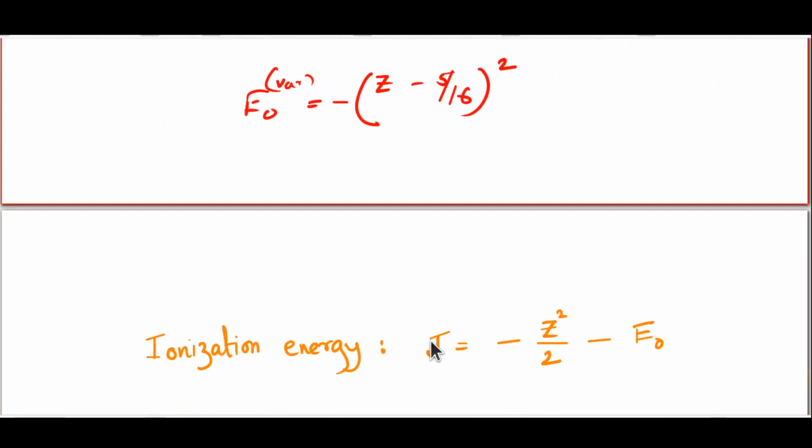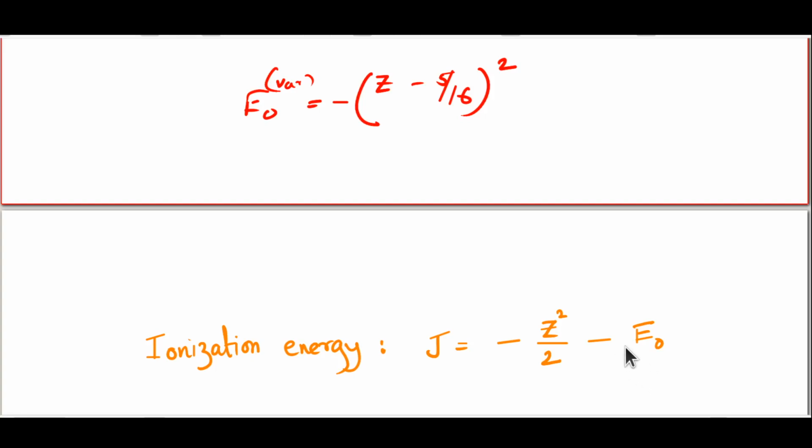The ionization energy, which we are calling J, is the energy after one electron has been completely removed, which is just the energy of a single electron in a central nucleus, so just the Kepler energy term, minus Z square by 2 in atomic units. From that, you have to take away the energy which the 2-electron system already had.